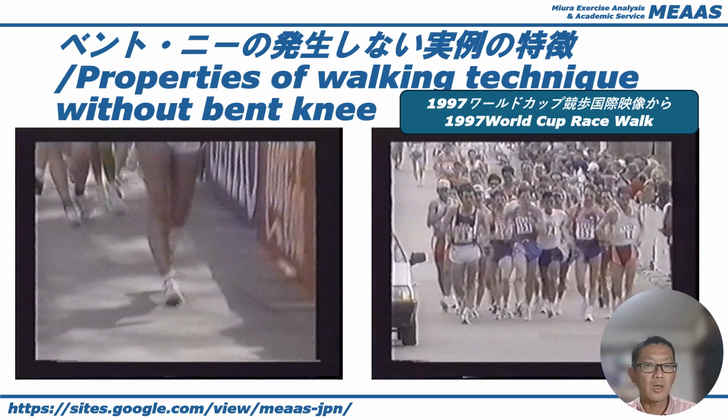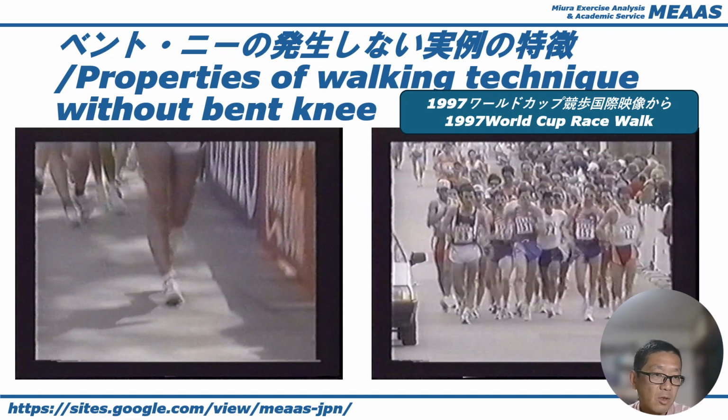So I explain that with a movie of an official race. This is a movie of the World Racewalking Cup, now named the World Racewalking Team Championships. This is the 1997 edition, held in Podebrady in the Czech Republic.